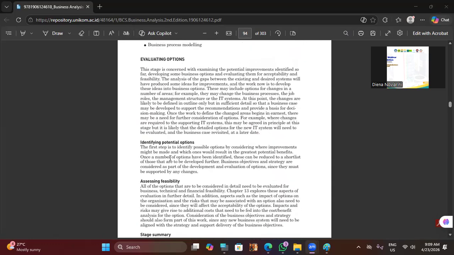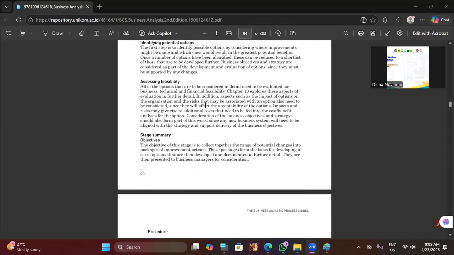The evaluating options stage is concerned with examining the potential improvements identified so far, developing some business options and evaluating them for acceptability and feasibility. Once a number of options have been identified, this can be reduced to a shortlist of those that are to be developed further.